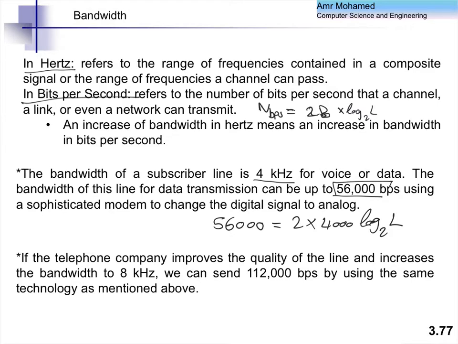Okay, so in order to get this many bits per second on a transmission medium that has a bandwidth of 4 kilohertz, assuming that the telephone line has only a bandwidth of 4 kilohertz, although the typical telephone lines have higher bandwidth than this, then this is the equation, and from this we can calculate the number of levels.